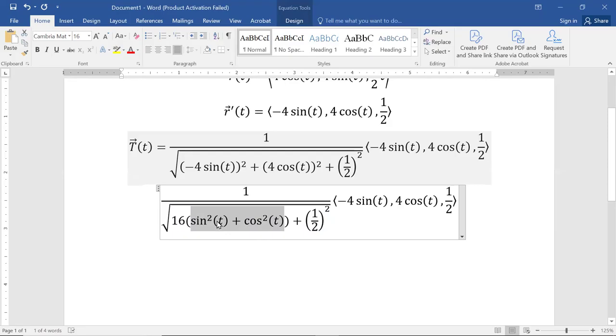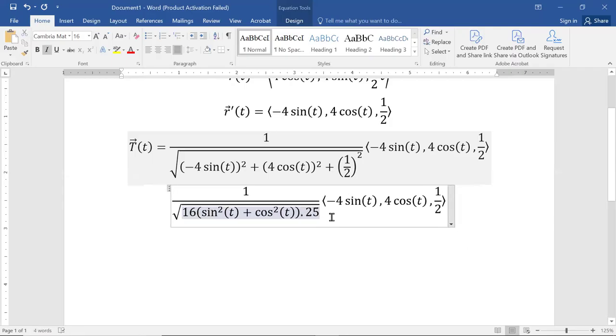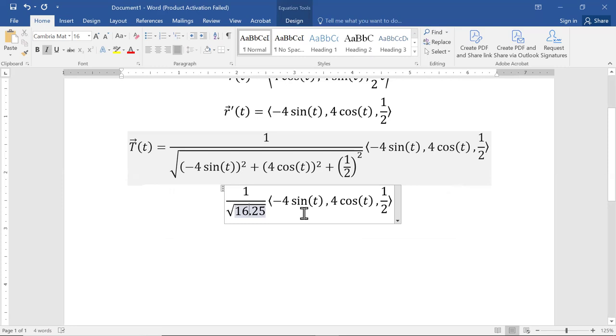So we get 16 times 1 plus a half squared. A half squared is a quarter, which I'm going to write as 0.25 just for the sake of ease. So I get 16 plus 0.25. That is just 16.25 when I simplify it.